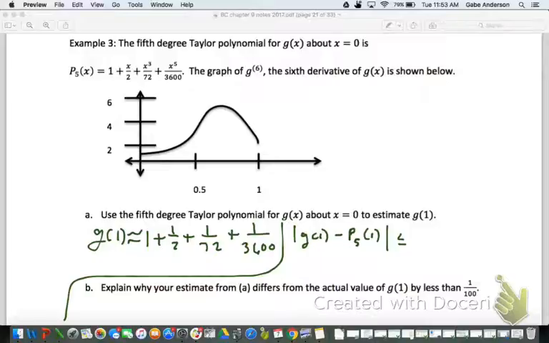So what is my x value here? 1. So 1 minus, what's my centering value? 0. So 1 minus 0 to the n plus 1, and n plus 1 would be 6, right? Because the fifth degree is what we use to approximate, so it's going to be 1 to the 6th.